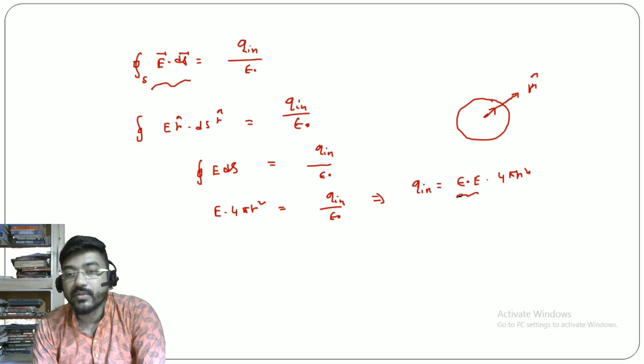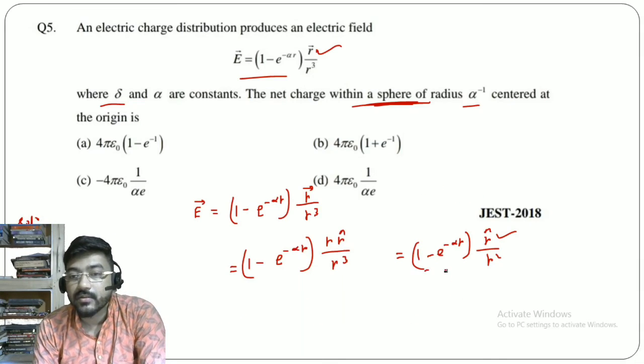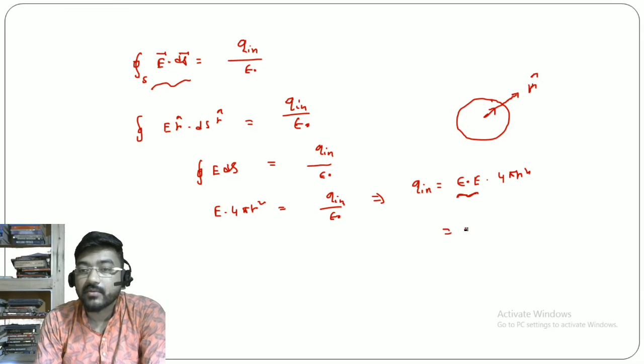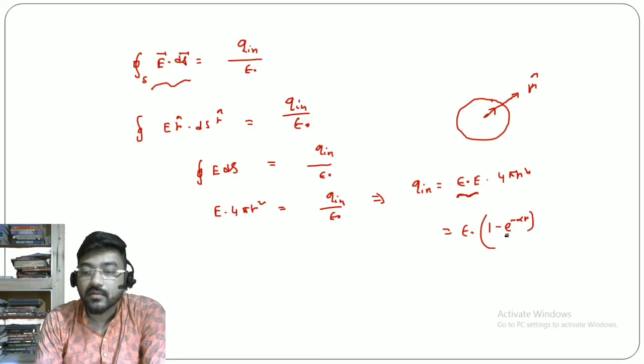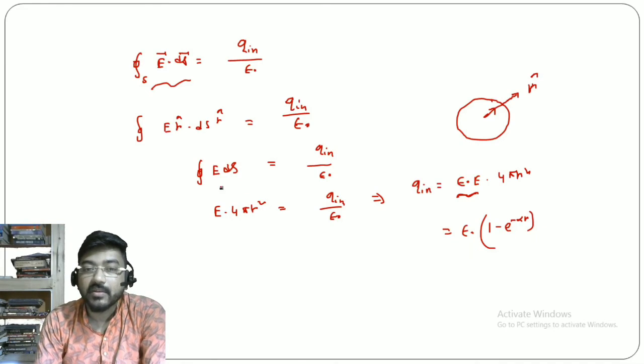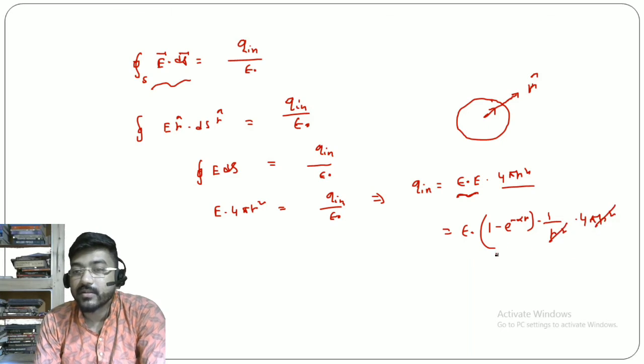Now we just put in the value of E, which is (1 minus e to the power minus alpha r) times 1 by r square, because r cap is utilized here. So the r square cancels out, and it will be just 4 pi epsilon naught into (1 minus e to the power minus alpha r).